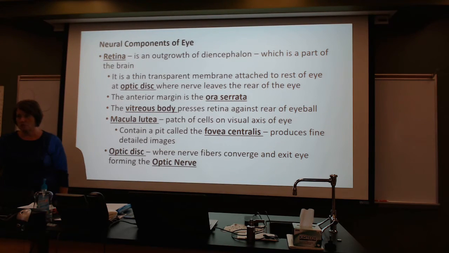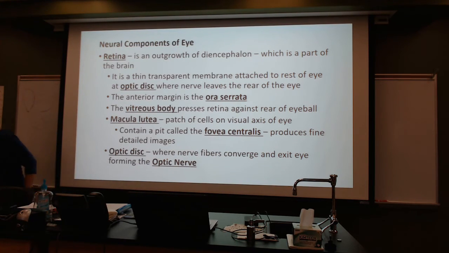Think about that for a second. I've got all this other anatomy of the eye. There's one tiny pit that lets me see detailed images. So like, can people's eyes have different size pits?